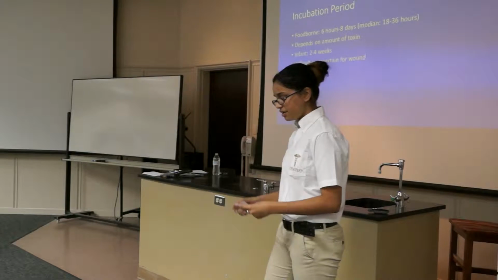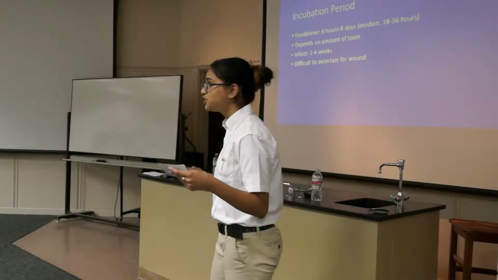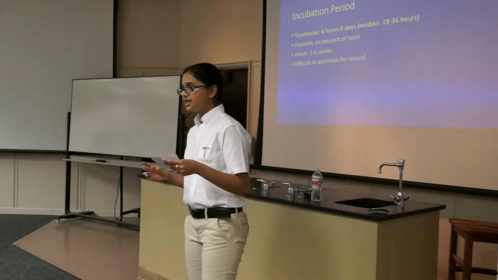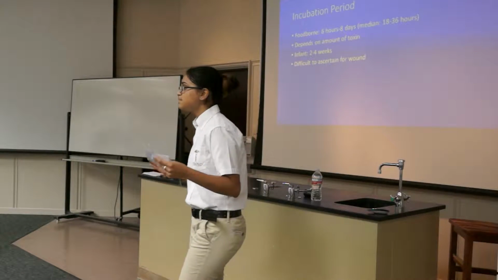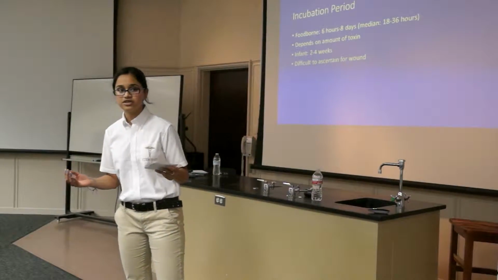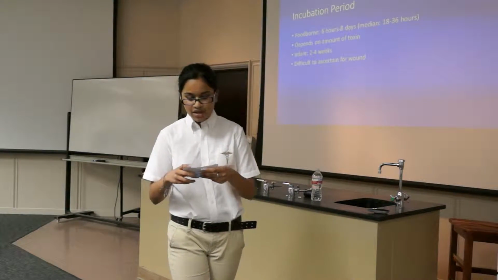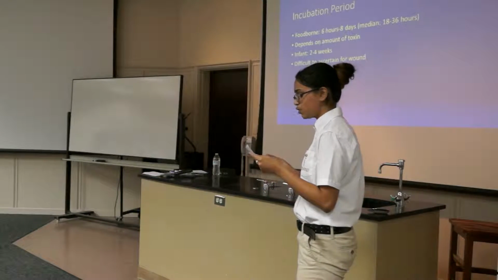The incubation period for foodborne botulism can vary from 6 hours to 8 days. The median time span is between 18 hours and 36 hours. This disparity in the amount of time it takes for symptoms to be present is due to the amount of toxin ingested. For infant botulism, the incubation period is between 2 and 4 weeks.